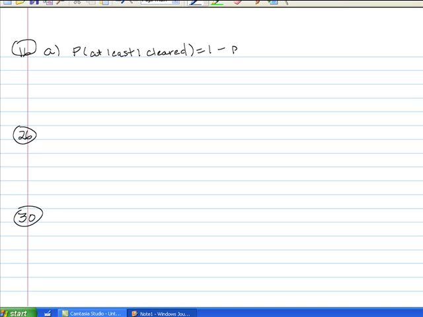So we have 5 cases. Probability of clearing is going to be 1 minus 0.124, so 0.876. Actually, that's the probability they're not cleared.